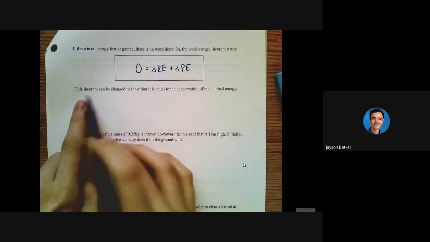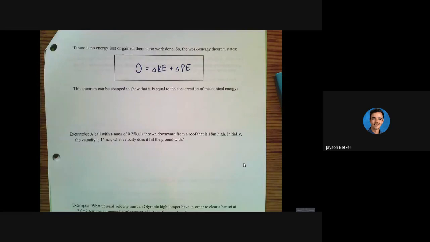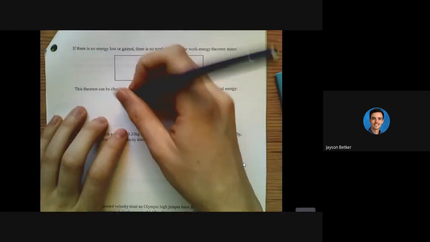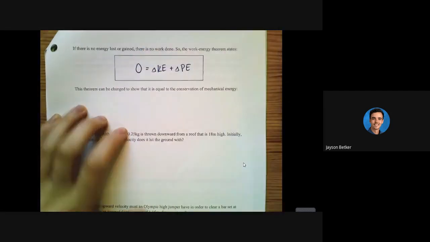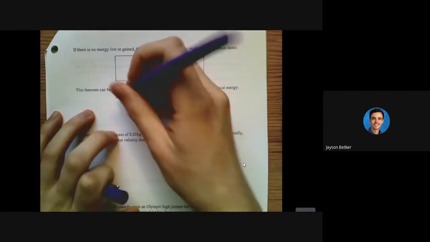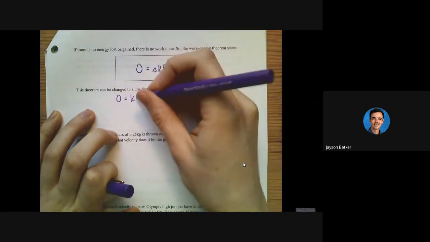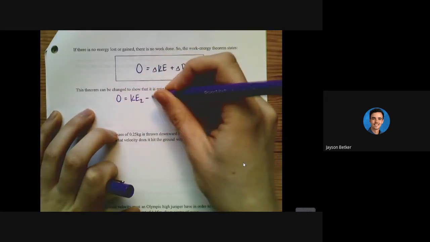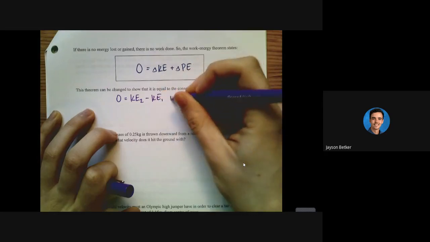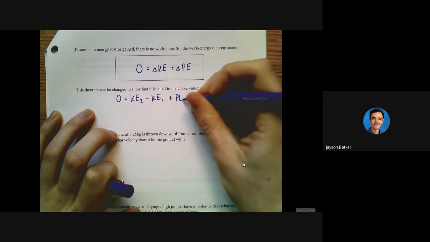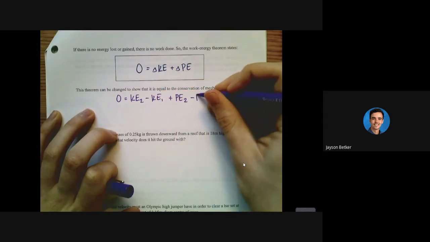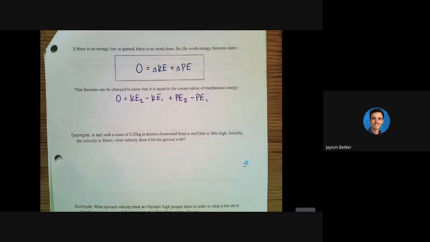So this theorem can be changed to show that it is equal to the conservation of mechanical energy. I just have to do some small rearranging. So what I have here, I'll use a different color, is 0 is equal to KE2 minus KE1 plus PE2 minus PE1. And with some simple rearranging, I can see something very interesting here.